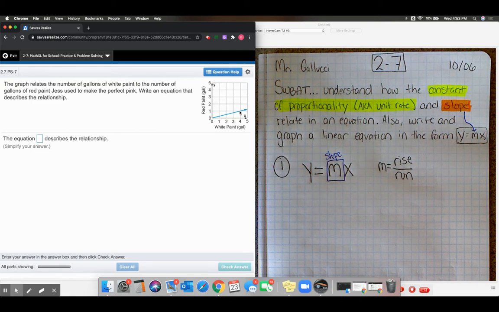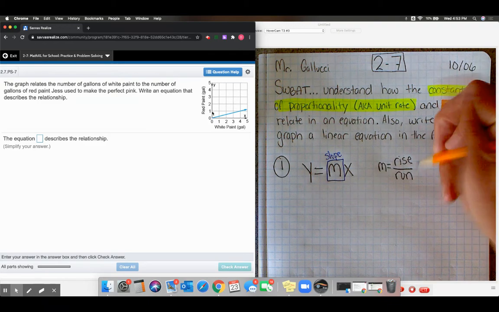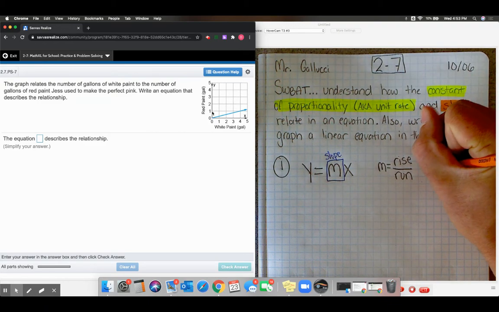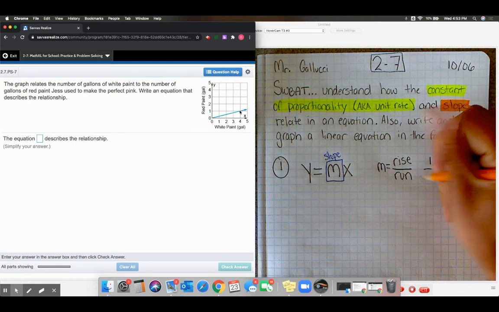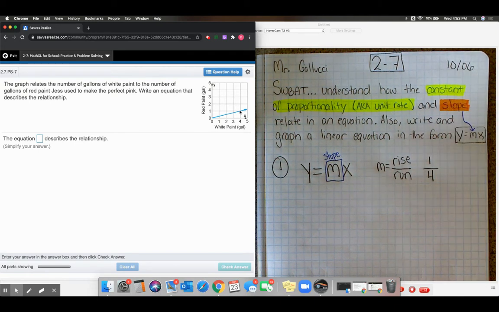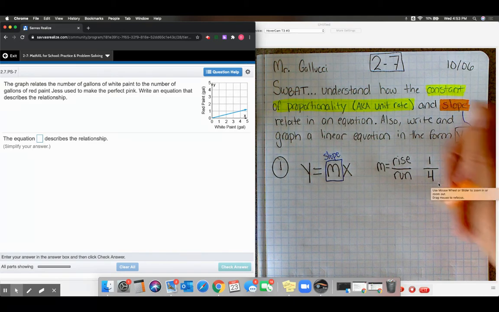And here's another good point right over here where it hits that little part of the grid, 4, 1. So if we draw our triangle with our mouse, look, up 1, the rise is 1. The run is 1 unit, 2 units, 3 units, 4 units. It runs to 4. So there is our slope, 1/4.